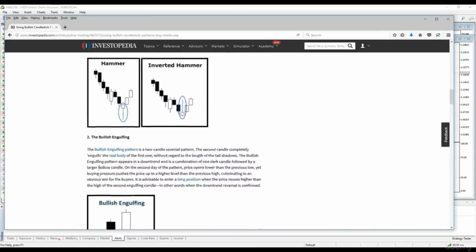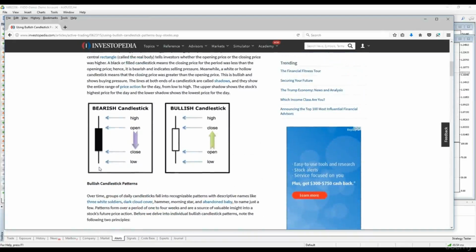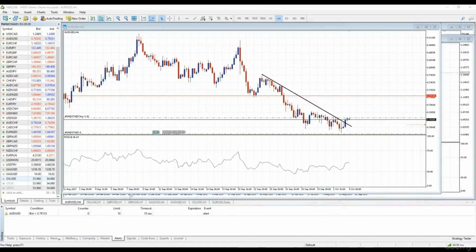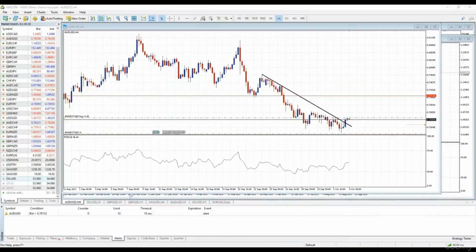So you guys can go over to the site whenever you like and explore all of the different types of candlesticks and the names, and get an understanding of what each of them represent, because it's good to understand them and see them in action, because then you can relate to some of the textbook stuff, and see it practically and trade it accordingly.